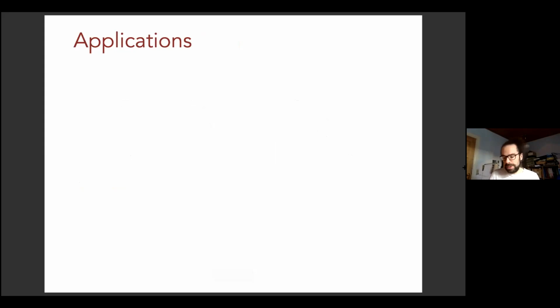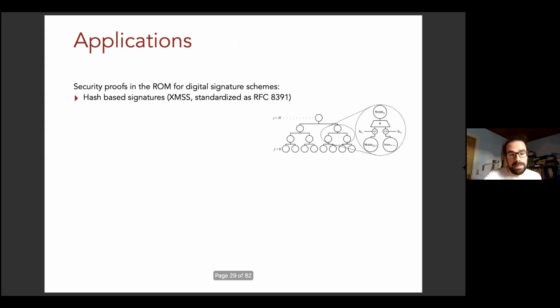Now, before moving to the quantum setting, let me talk a little bit about applications of this in post-quantum crypto. There are a number of security proofs for digital signature schemes in the random oracle model that rely on the characterization that I just showed, basically on this lower bound for the number of queries that you need to win this game with significant advantage. And these include hash-based signatures, like, for example, XMSS, which is a stateful hash-based signature scheme that's standardized.